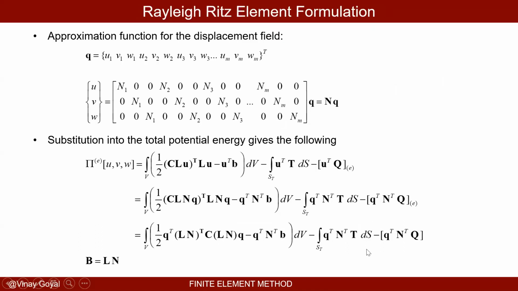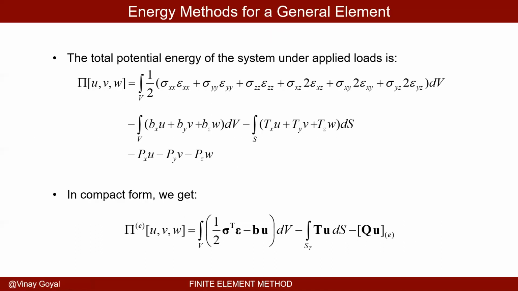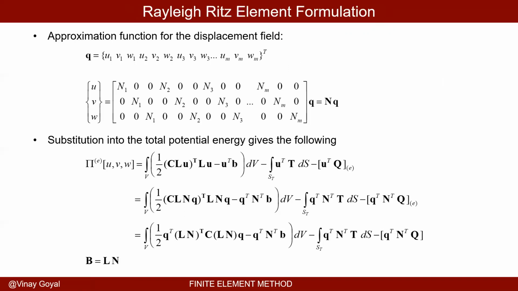So I could then apply the Rayleigh Ritz, because Rayleigh Ritz works really well when you have a functional. That's the one you see here. Again, in my book, I derive it using the weak form Galerkin as well, but here we're going to use the total potential energy approach with the Rayleigh Ritz. If I choose an approximation function for the displacement field that looks like this, U, V, and W are the deflections in the X, Y, and Z directions, or X1, X2, X3 directions.